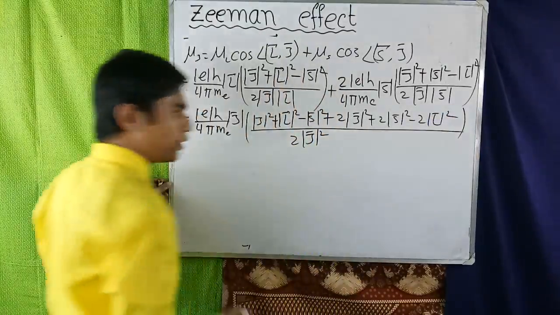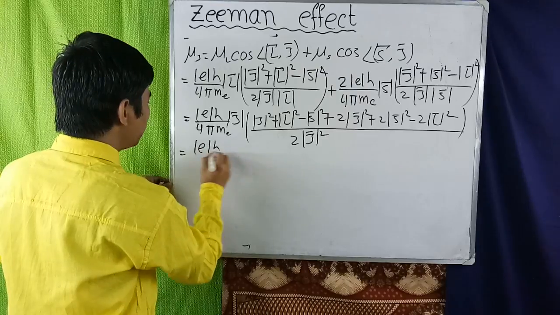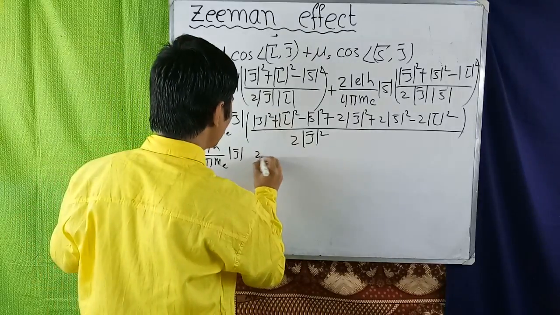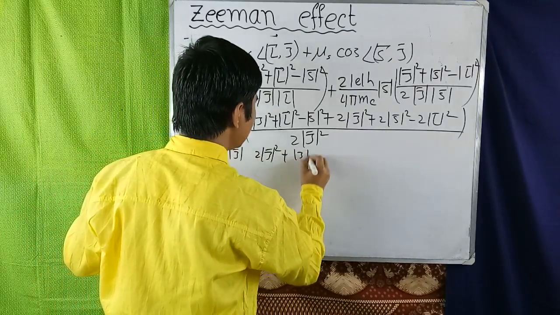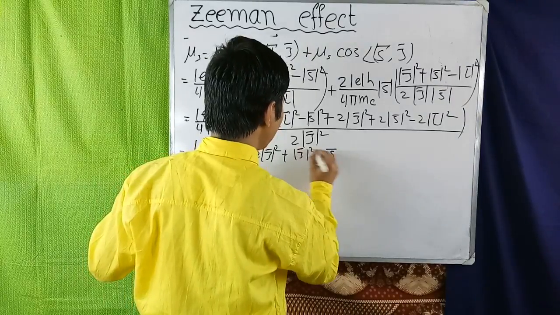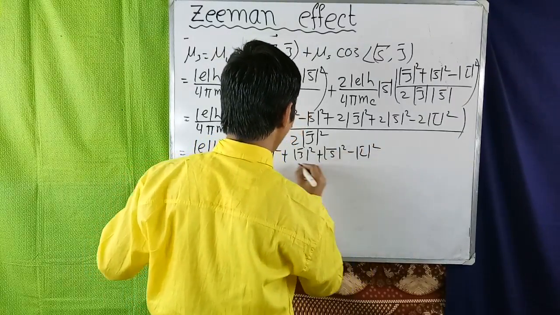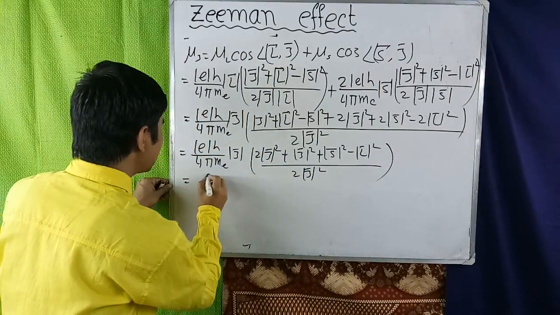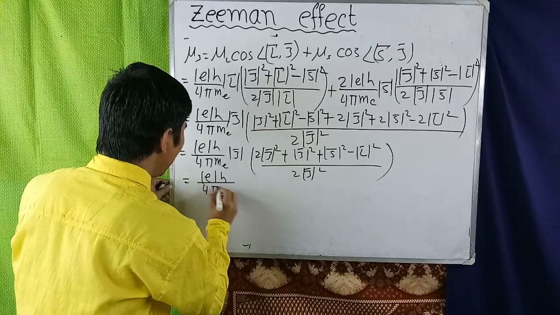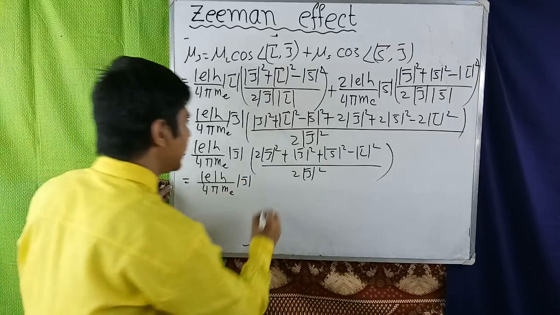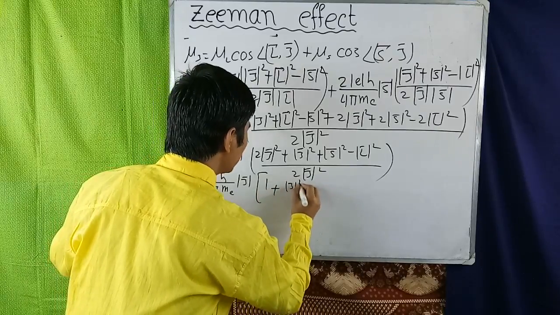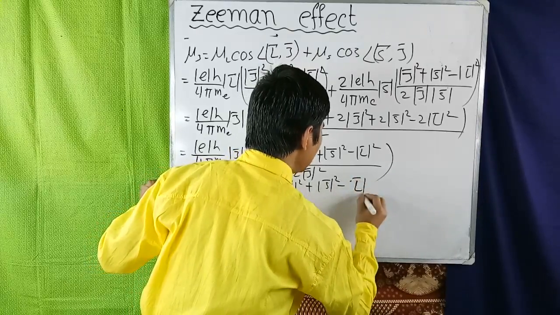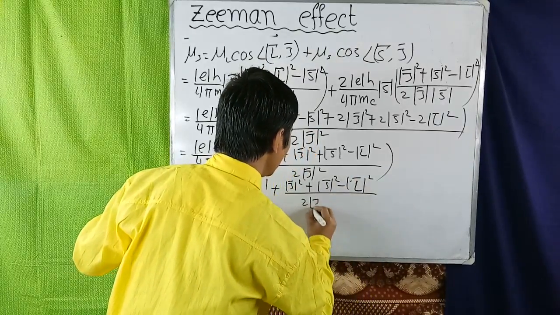Now this can be written as e h by 4 pi m e into modulus of J, times 2 J square plus J square plus S square minus L square by 2 modulus of J square. And this can be written as e h by 4 pi m e into modulus of J into 1 plus J square plus S square minus L square by 2 J square.